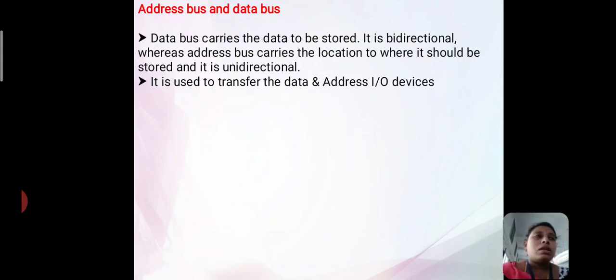The address bus carries only the location where the data can be stored. So the address and data buses are used to transfer data and addresses to input or output devices. This is mainly used for transferring the data.